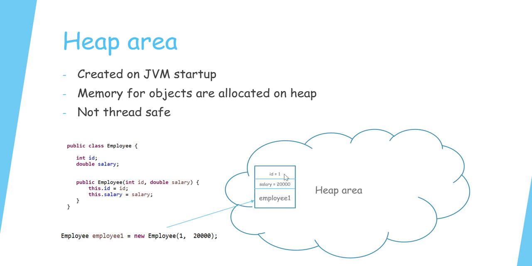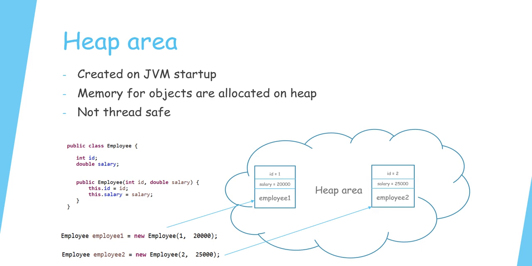You can see the ID is equal to 1 and salary is equal to 20,000 is stored for this employee1 object. And if we again create another instance of the Employee class, then the memory will be allocated for another object like this on the heap. I hope you understood how the memory is allocated for new objects on the heap.